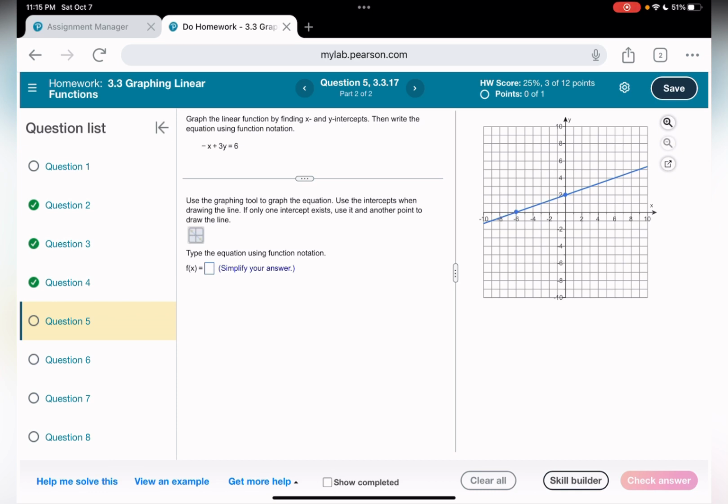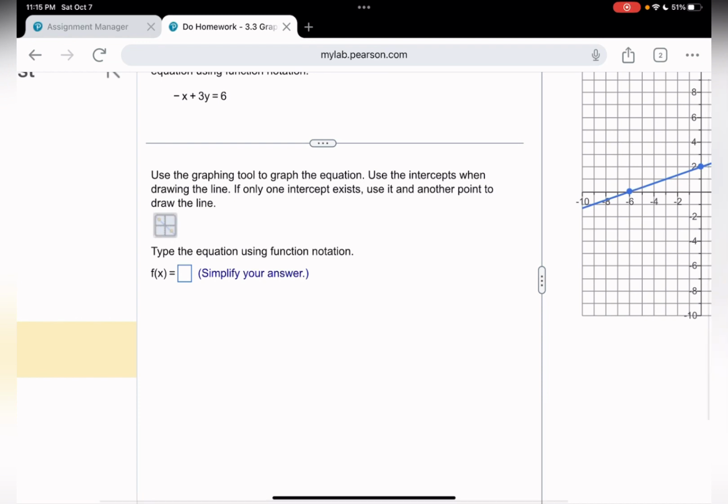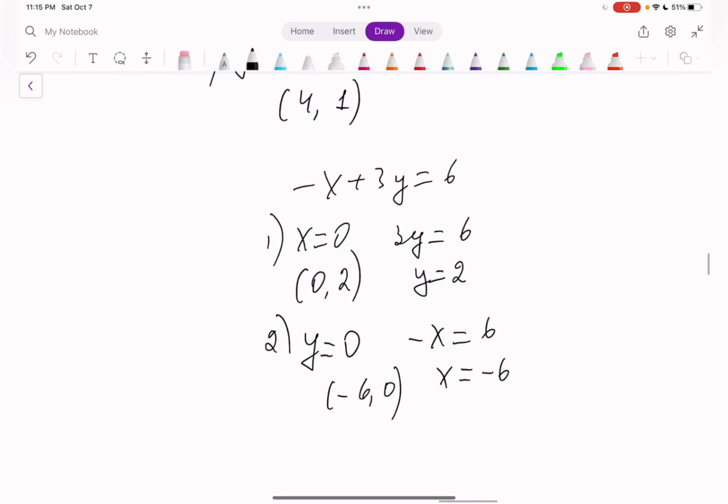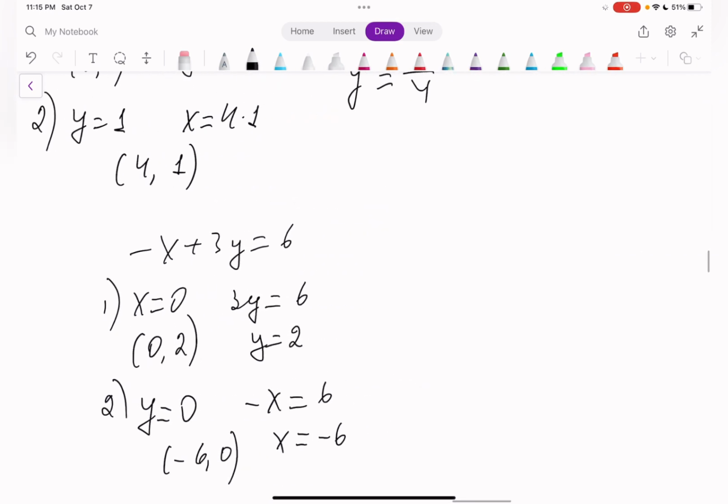And what do we have here? Type the equation using function notation. So let's do it. Negative x plus 3y equals 6. So from here, 3y is equal positive x plus 6. And dividing by 3, y is equal x over 3 plus 6 over 3.